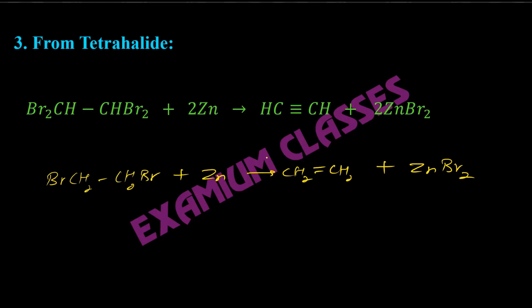Now if I ask you, what is the function of zinc when reacted with halides? The function of zinc is dehalogenation, means it removes halogen. It removes halogen, means it combines halogen with itself.